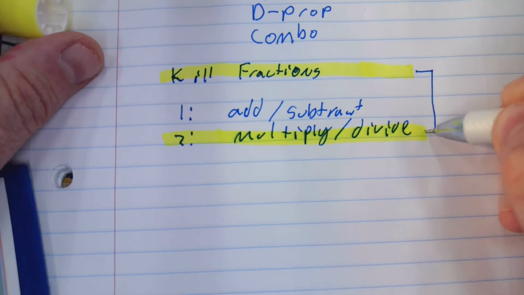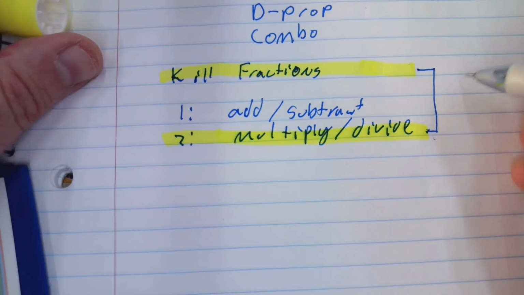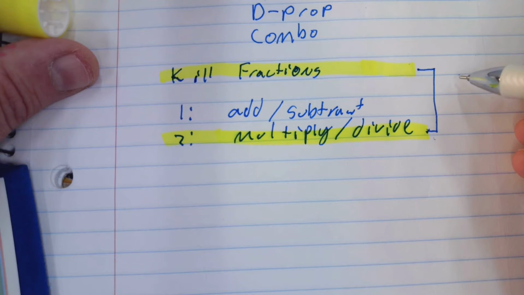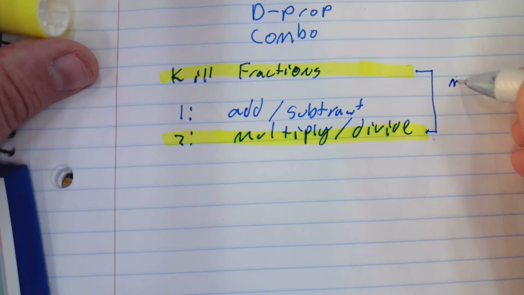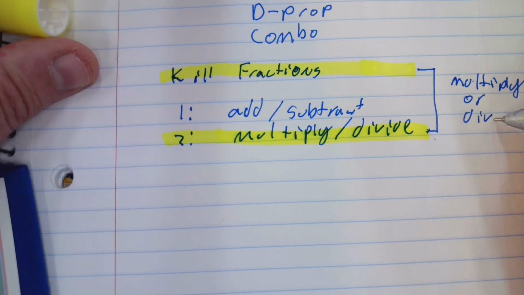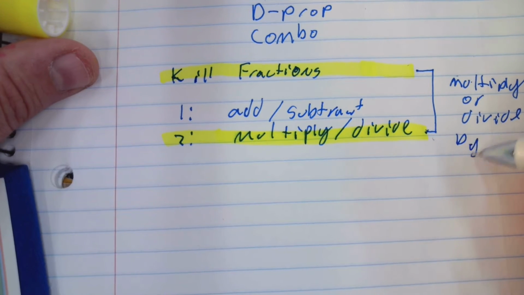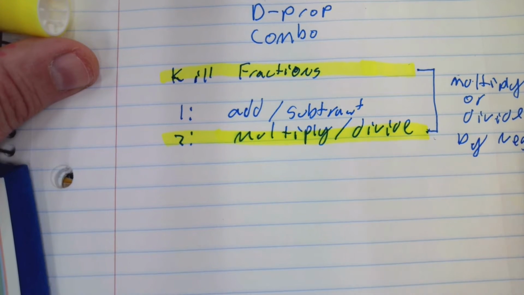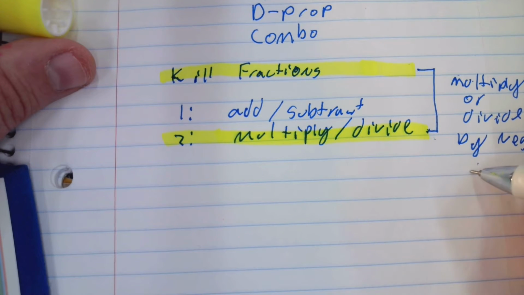These are the two steps that you might have to. This is where you might multiply or divide by negative. And when you multiply or divide by negative, what do you do? You switch the signs.